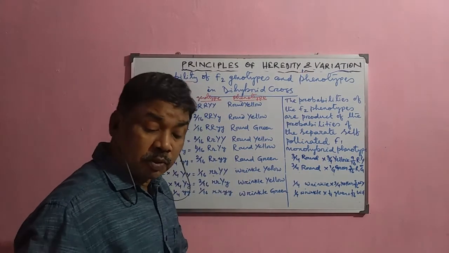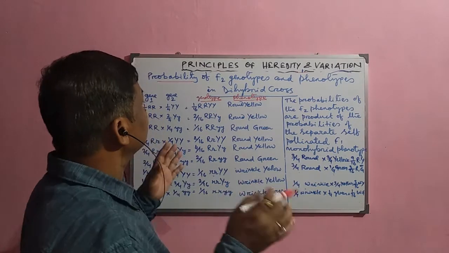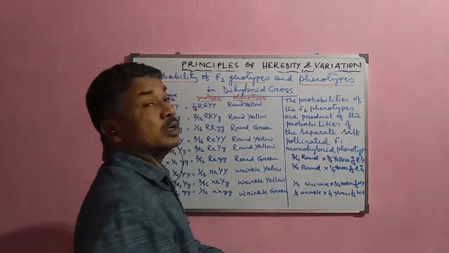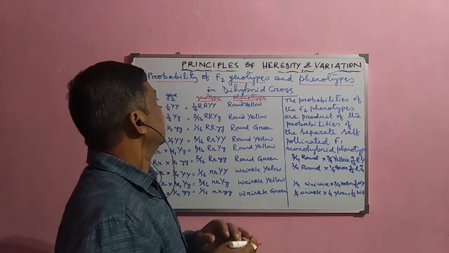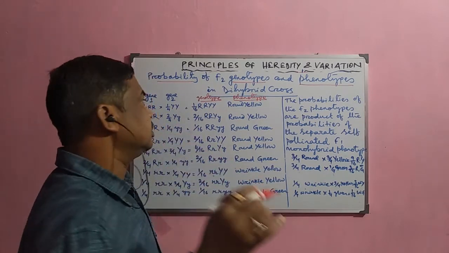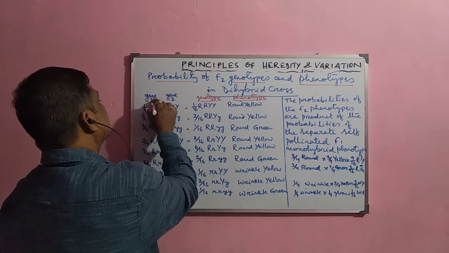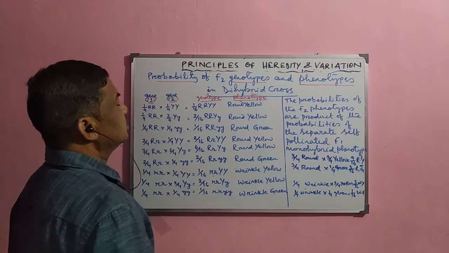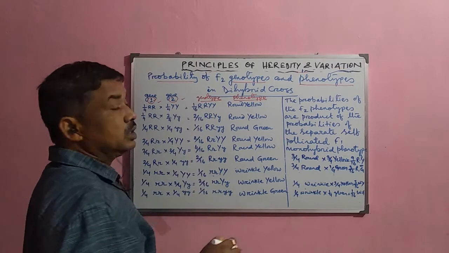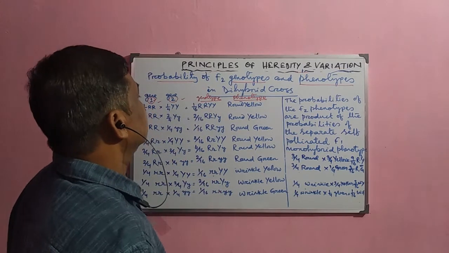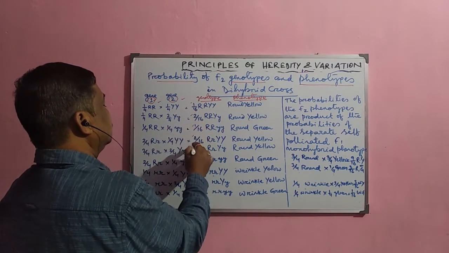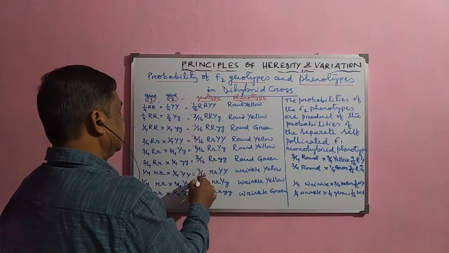By using the probability theory, he also explained how the genotypes and the phenotypes in the dihybrid cross experiment are produced or formed. Now, in the dihybrid cross experiment, two genes are normally involved. Suppose there are gene 1 and gene 2. And in case of the dihybrid cross experiment, the genotype ratio is 1:2:2:4:2:1:2:1.